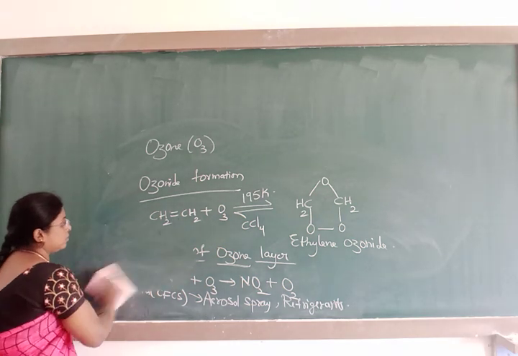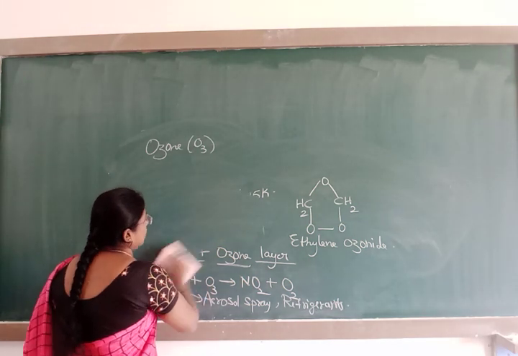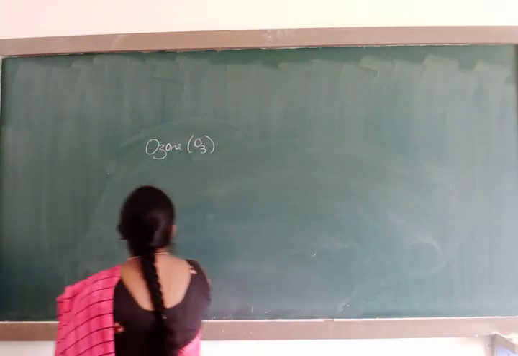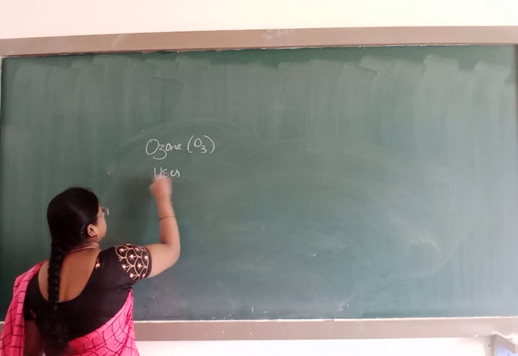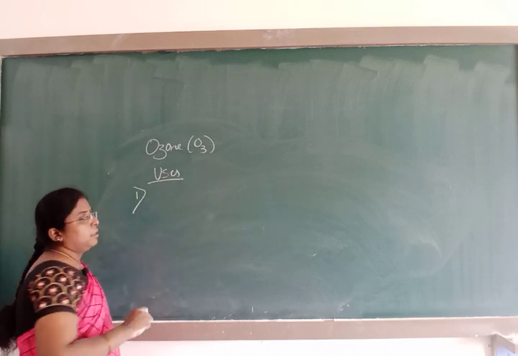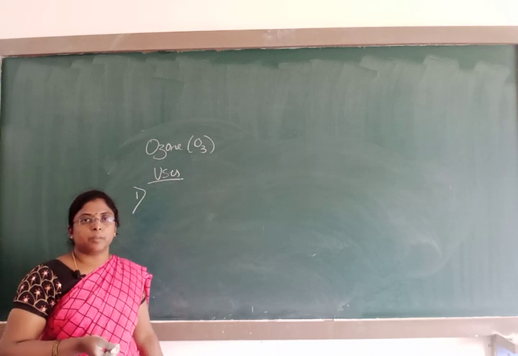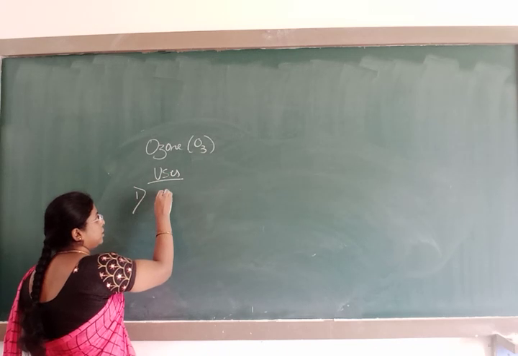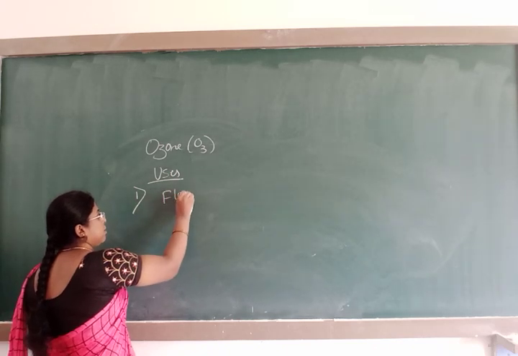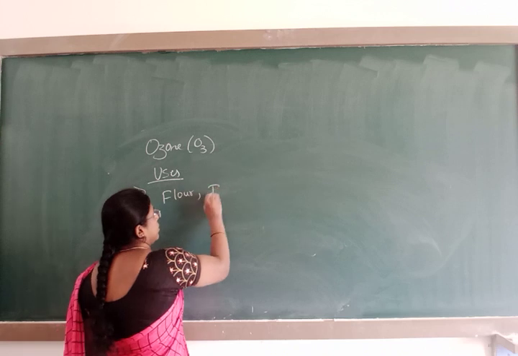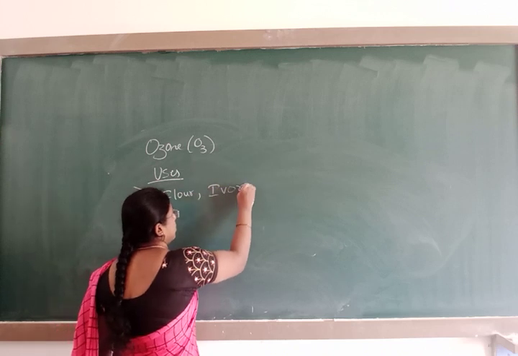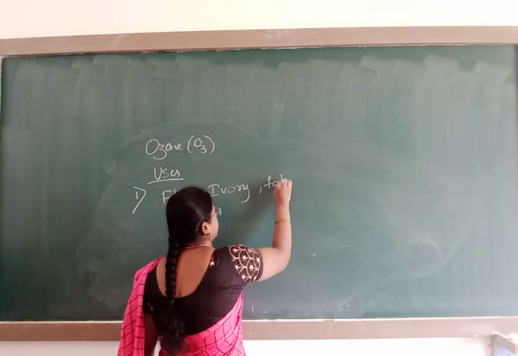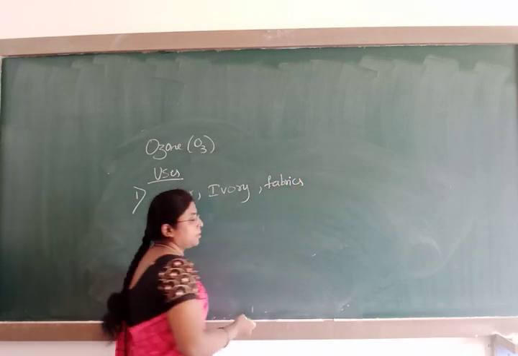Last come the uses of ozone. Ozone acts as a mild bleaching agent, and it is used in bleaching flour as well as ivory, and even cloths and fabrics.